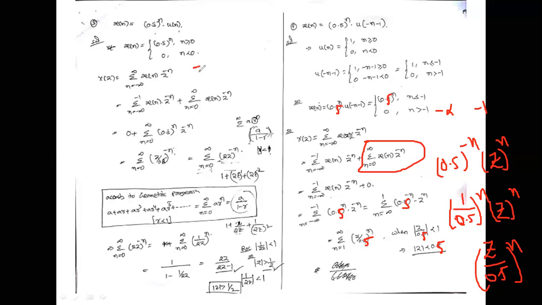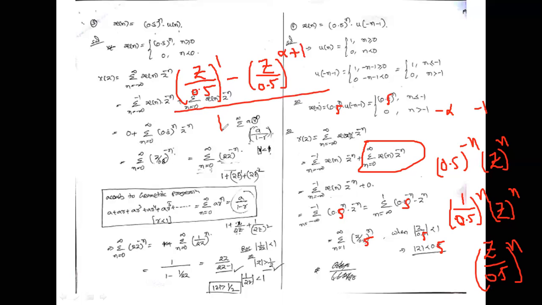So z by 0.5 whole power 1 minus z by 0.5 whole power infinity plus 1, whole divided by 1 minus z by 0.5.